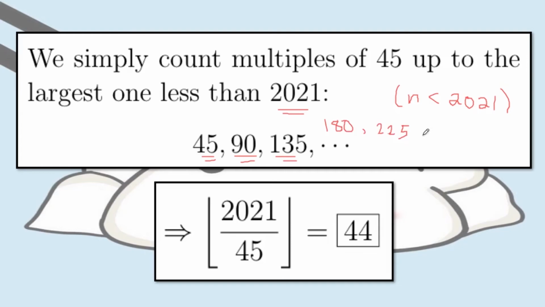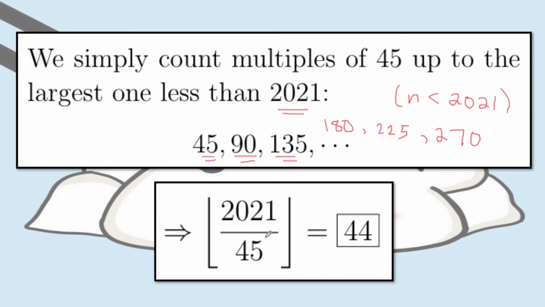Since we only want the number of multiples of 45 that are less than 2021, we can easily use the floor function. The floor function just tells us the greatest integer that is smaller than this. So we simply divide 2021 by 45.